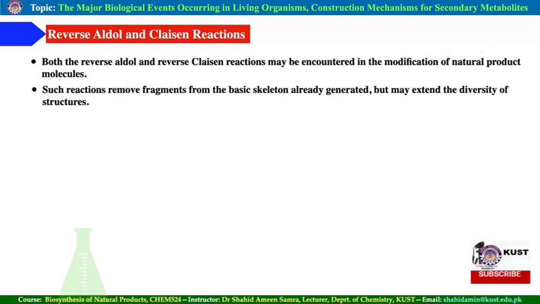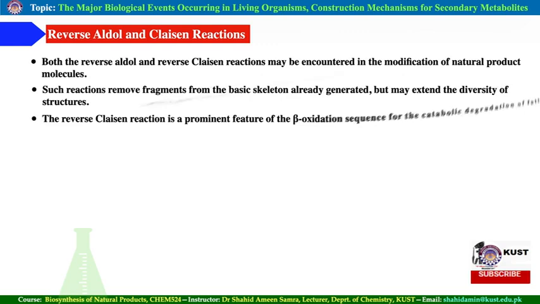These reactions remove fragments from the basic skeleton that is already generated, and once these reactions happen, they will transform one type of secondary metabolite to some other one by detaching a small part from the structure of that secondary metabolite.